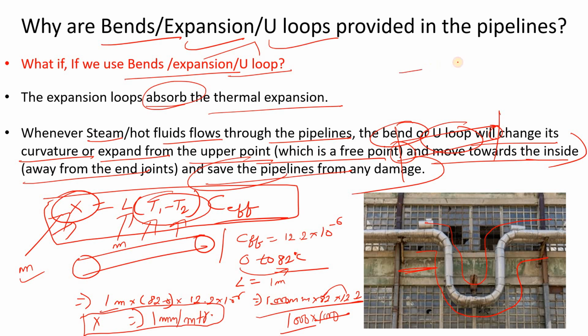Means if the length of the pipe is 1 meter, then the expansion or contraction will be 1 mm. It depends whether it is expansion or contraction because of the temperature change.